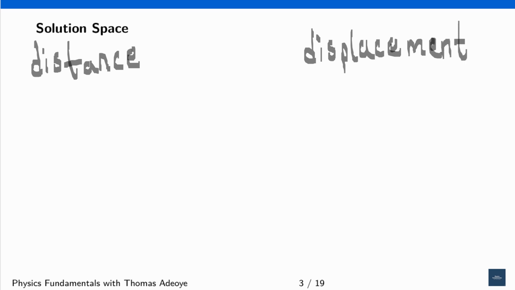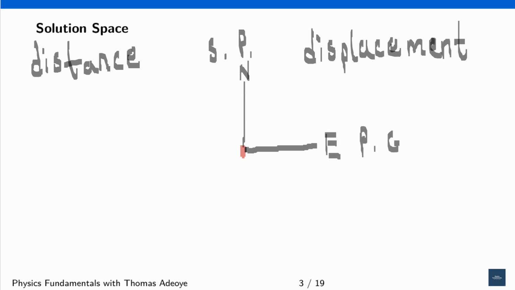Suppose I was here at this point initially, and let me draw this. This is north, and let us assume this is a swimming pool. This should be east, and this is a playing ground.